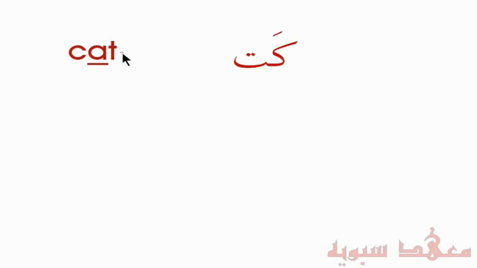The T doesn't have any vowel associated with it. It's just a stop on the T. So in this case, we would put a sukoon there. Cat. If we gave it a mark, for example the fatha, it'd be kata, or katu, or kati.